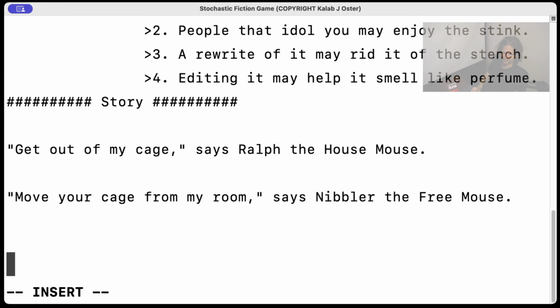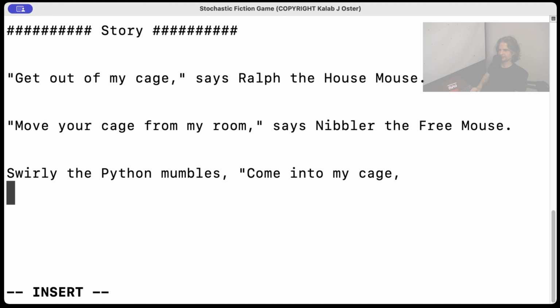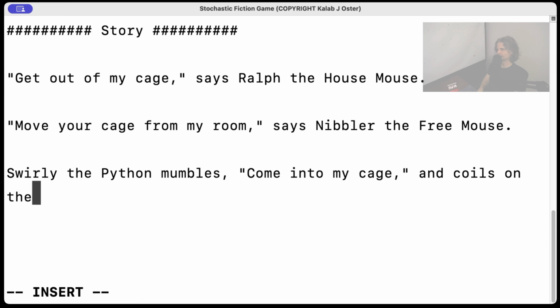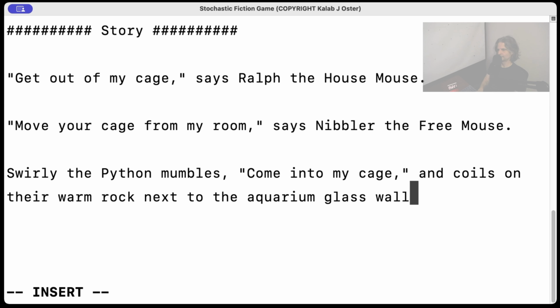Swear the python mammals come to my cage, and coils. Nibbler's nose twitches. Yeah, no. No.